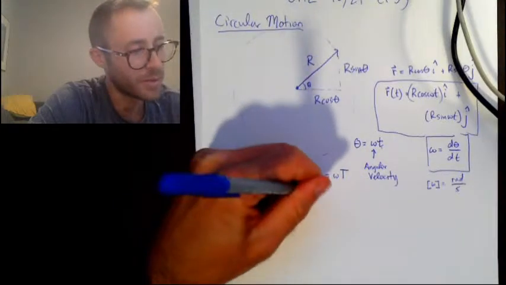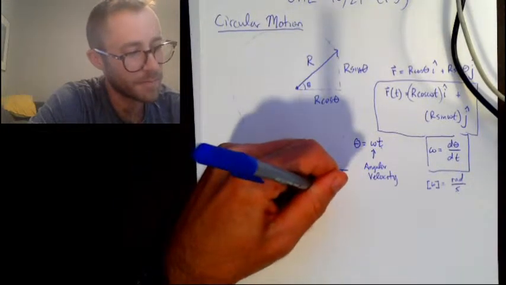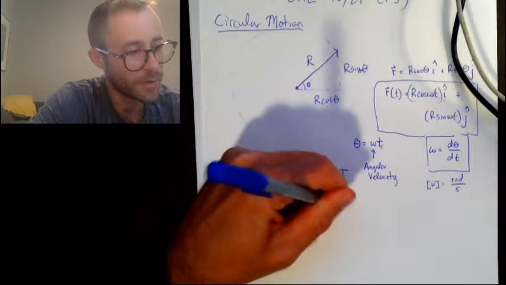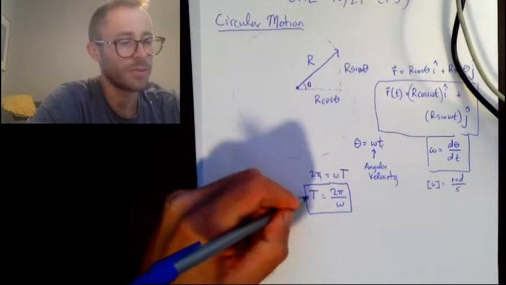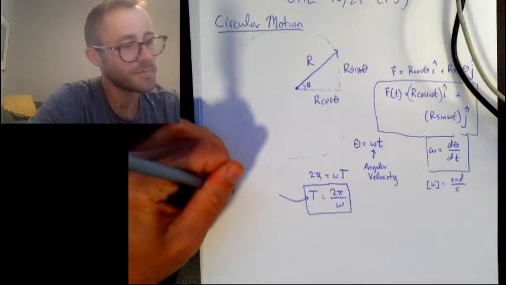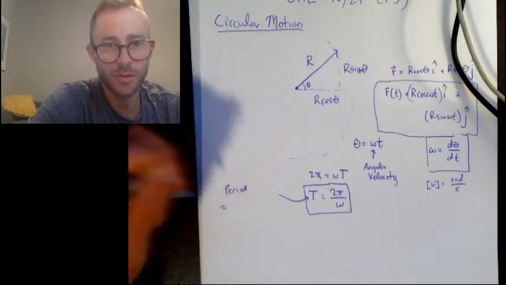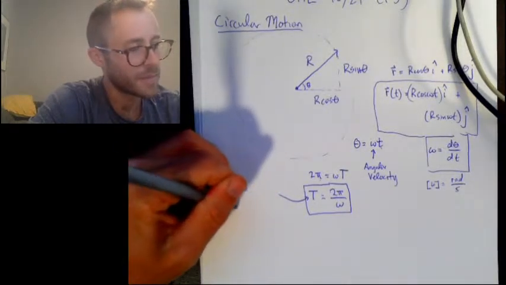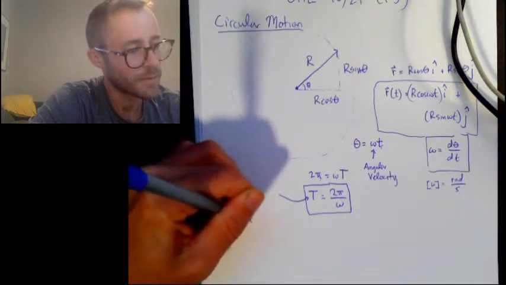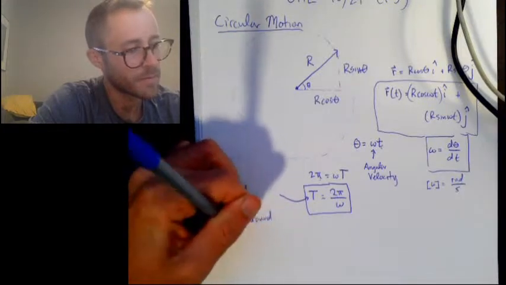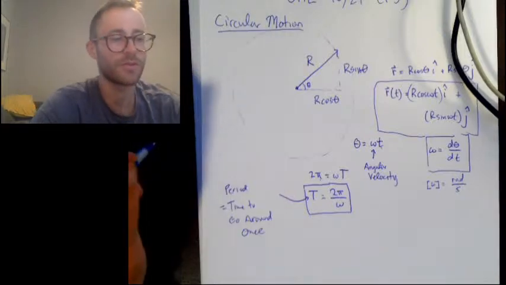So we can see that the period is equal to 2 pi over omega. So this is called the period, which is equal to the time to go around the circle once.